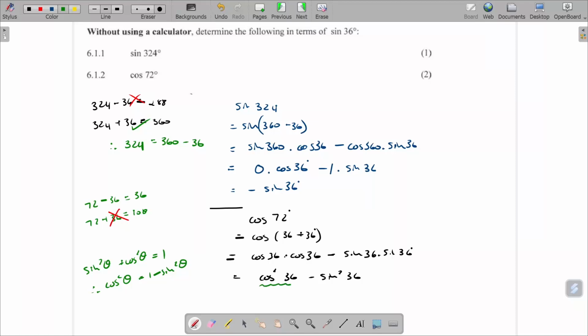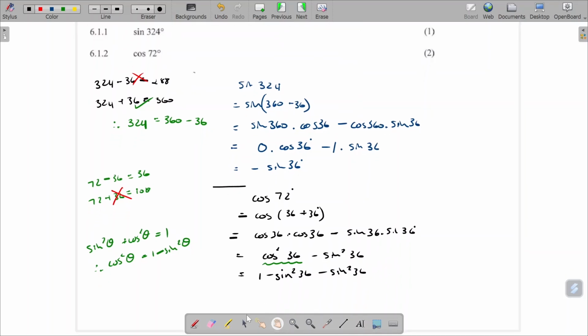And I'm going to choose to rewrite that cos squared of 36 in terms of this manipulation. So I'm going to get 1 minus sine squared 36 minus another sine squared 36. And so as a result, I'm going to get a final answer of 1 minus 2 sine squared 36.